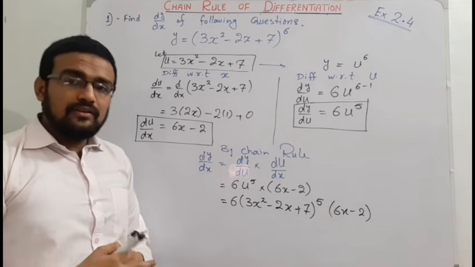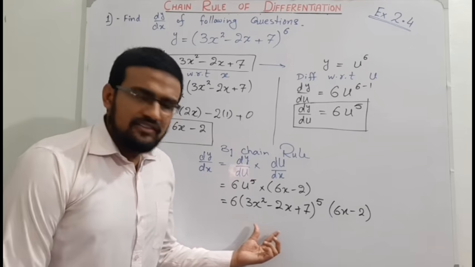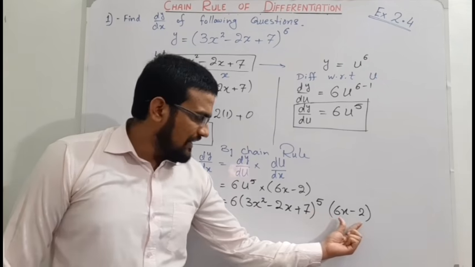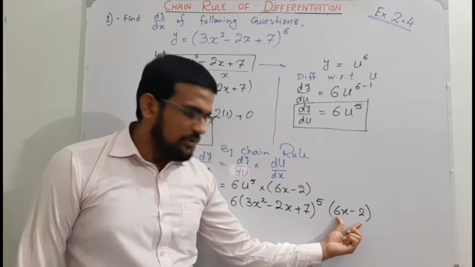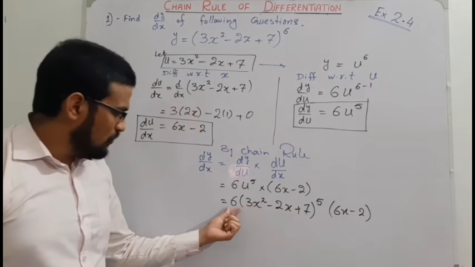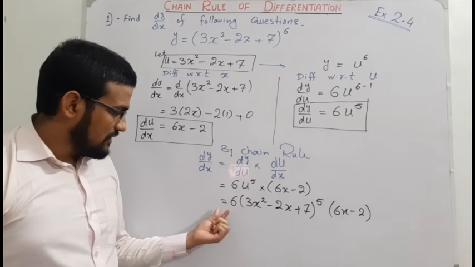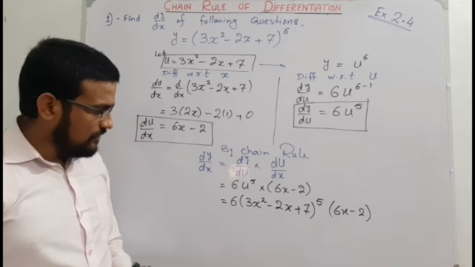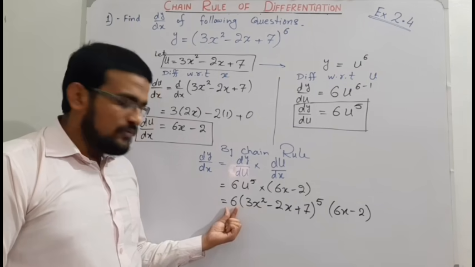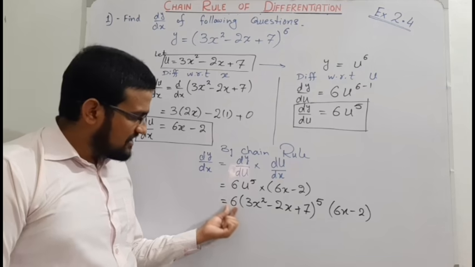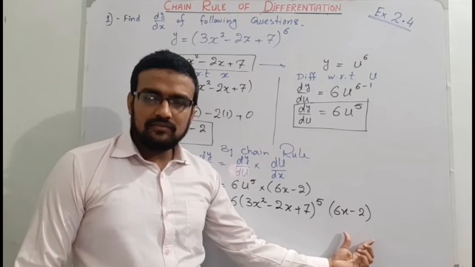Students, this is the final result, but you can also take 2 common, 2 multiplied with 6, it becomes 12, or you can also multiply 6 with this one.